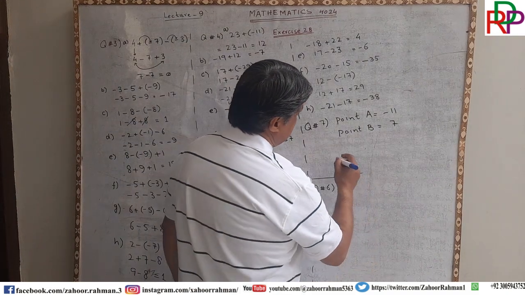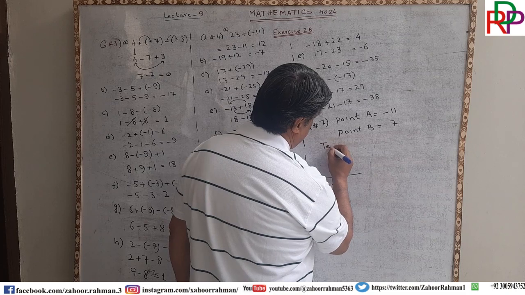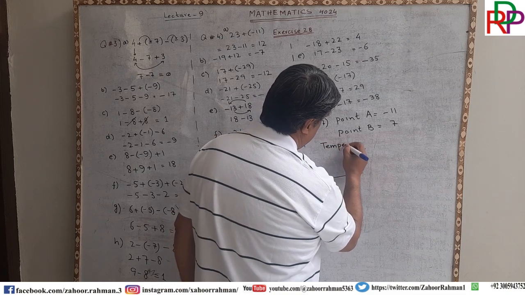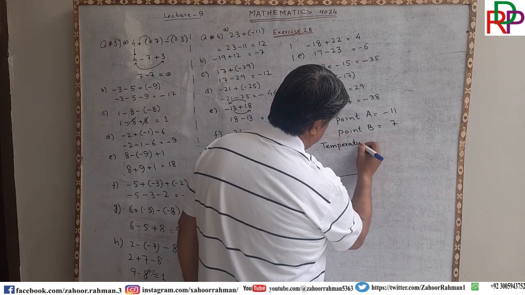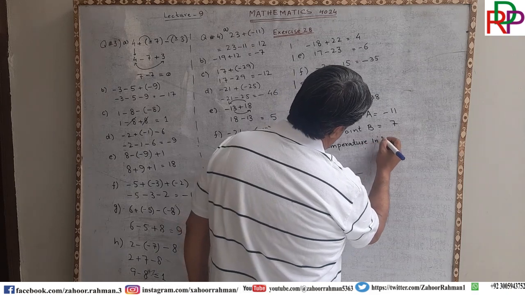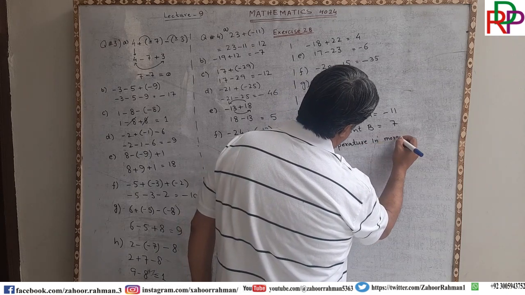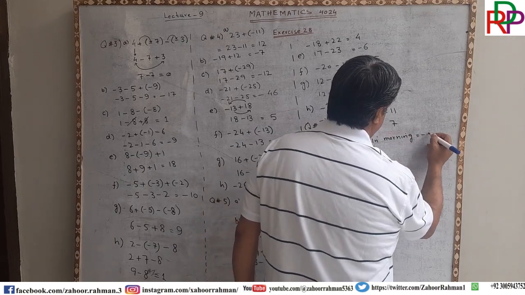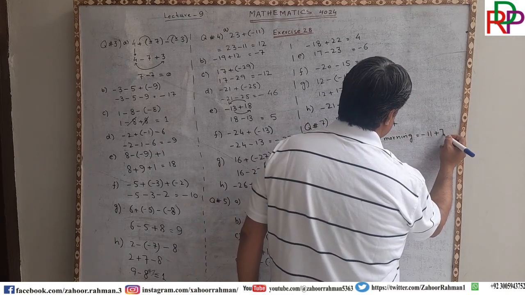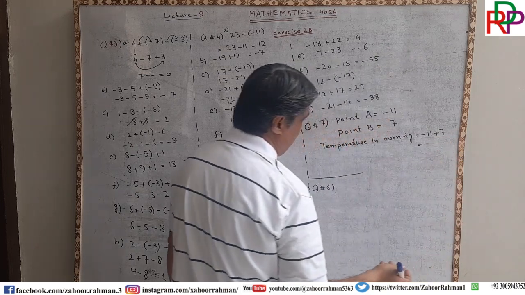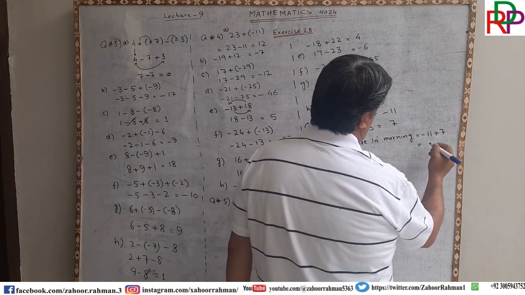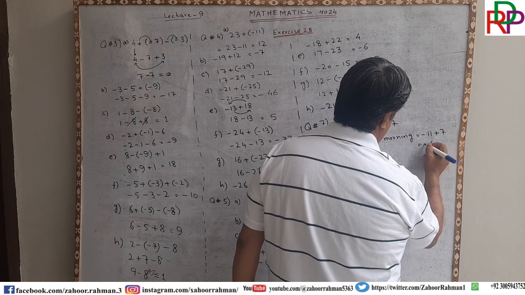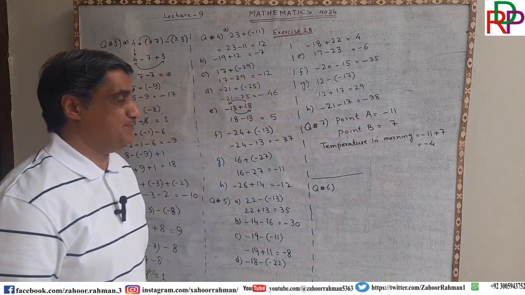So it means that the temperature in the morning is equal to minus 11 plus 7. And now you know that 4 will be the difference with minus symbol.